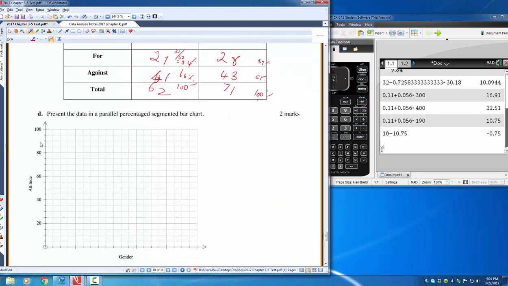Alright, so again, this question is going to be a little bit hard to plot using my stylus here. But what we've got here is the male and the female bar that we're going to use. Let's plot it once it's percentaged. So let's plot the fours in males first of all. That's 34%. So here's 30, 35.